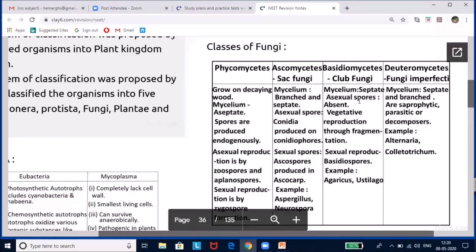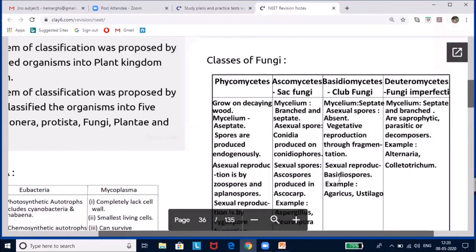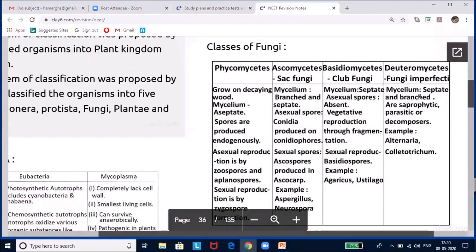Mycelium, again here it is septate. Asexual spores are absent. Vegetative reproduction is through fragmentation. Sexual reproduction is through the formation of basidiospores. Examples: Agaricus, Ustilago, etc. And Puccinia is another example for Basidiomycetes.